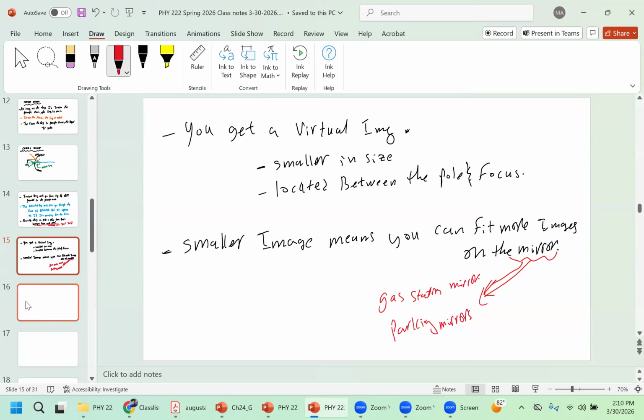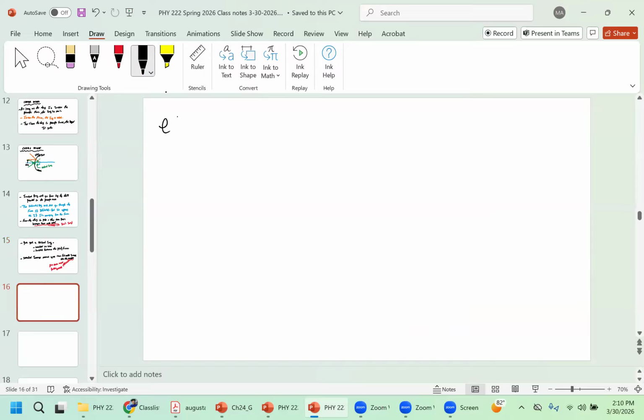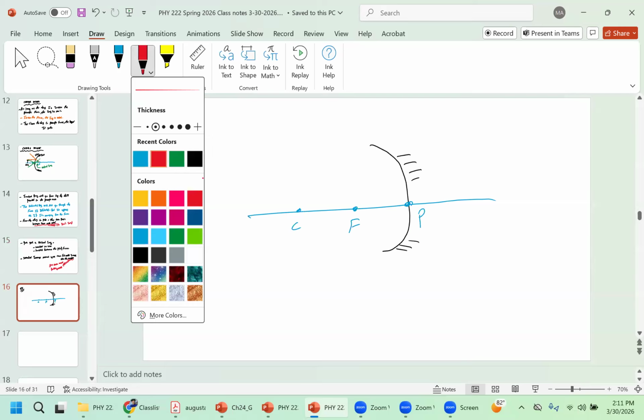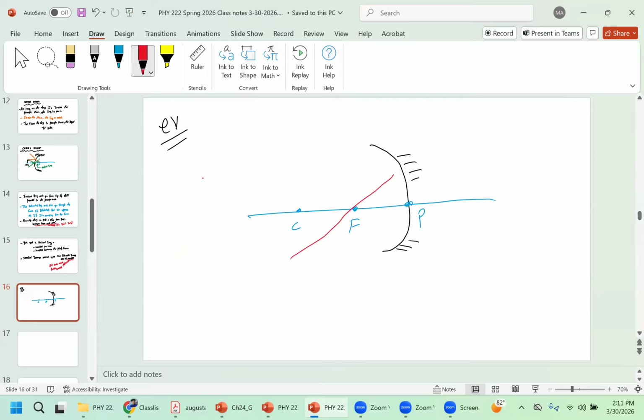So let's say, for example, we got this type of mirror. You got this line over here, the principal axis. Okay, here's your focus. Here's the center of curvature. And let's say you are having a ray of light going in this way, through the focus.